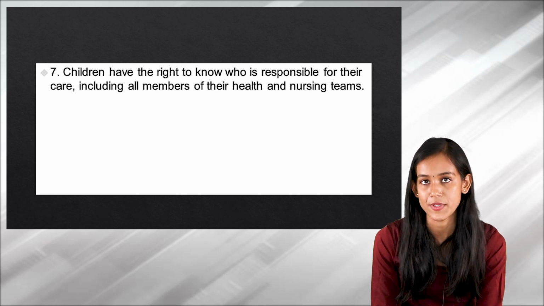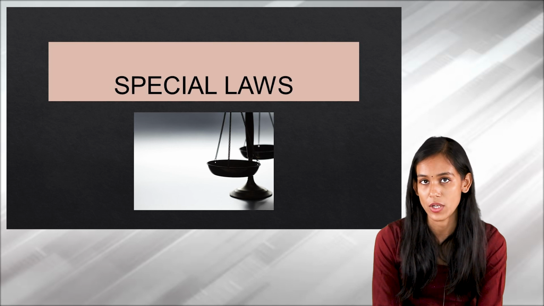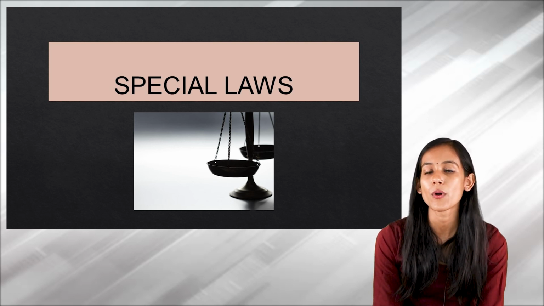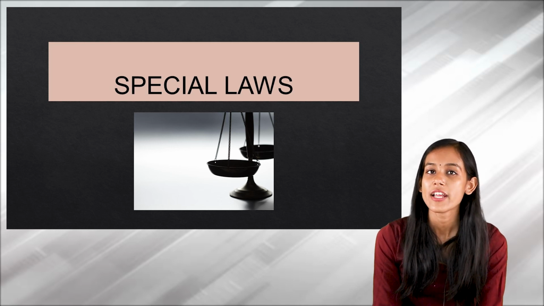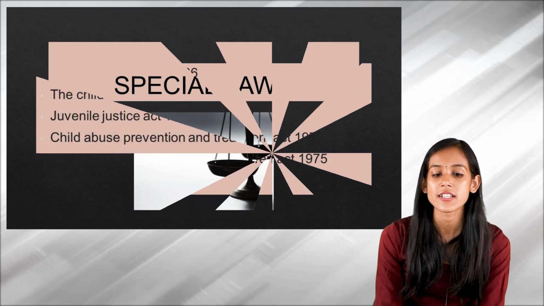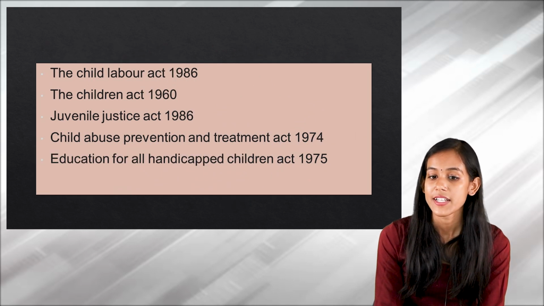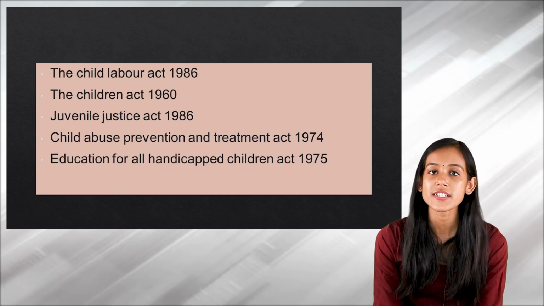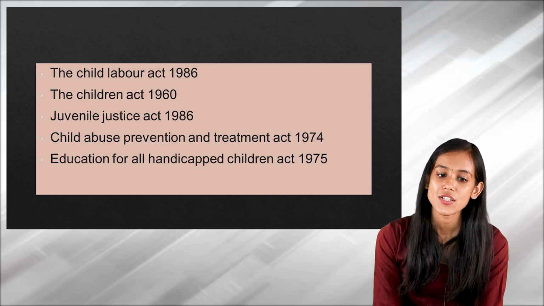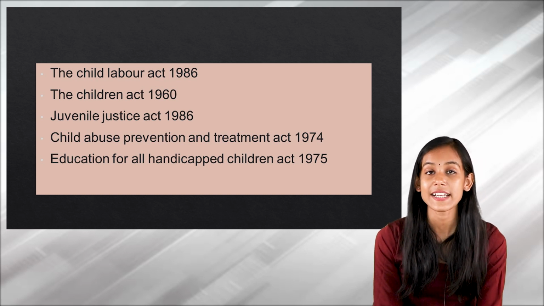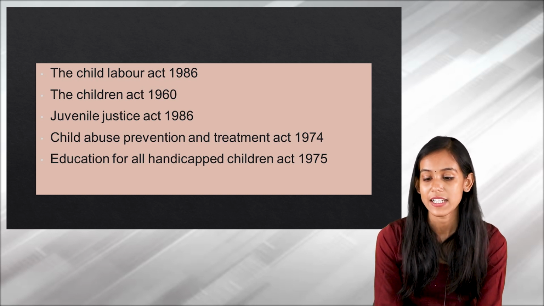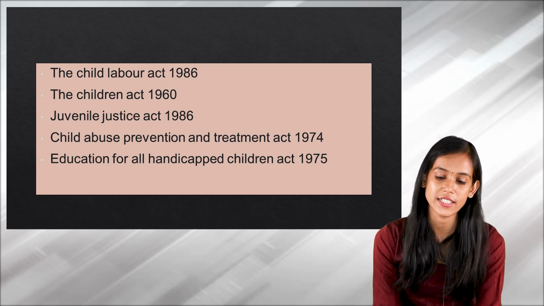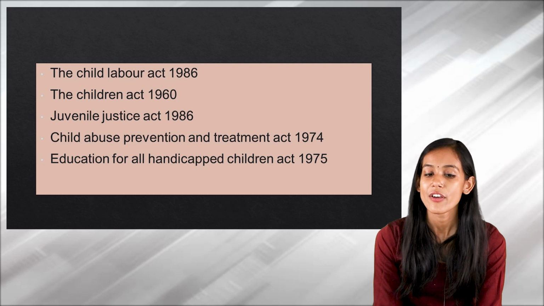health and nursing teams. Now, coming to special laws. A special law is a law which is related to a particular subject. So we have certain special laws for children like the Child Labor Act 1986, the Children Act 1960, Juvenile Justice Act 1986, Child Abuse Prevention and Treatment Act 1974, Education for All Handicapped Children Act 1975.